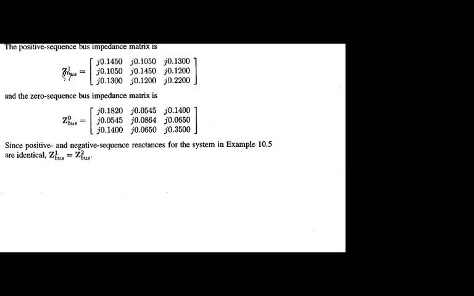From this Z bus 1, what does it indicate? The positive sequence. Z in terms of positive sequence, right? And it is in terms of bus building outcome. This is the positive sequence bus impedance matrix, because Z bus 1. This is the zero sequence bus building algorithm outcome, because 0.